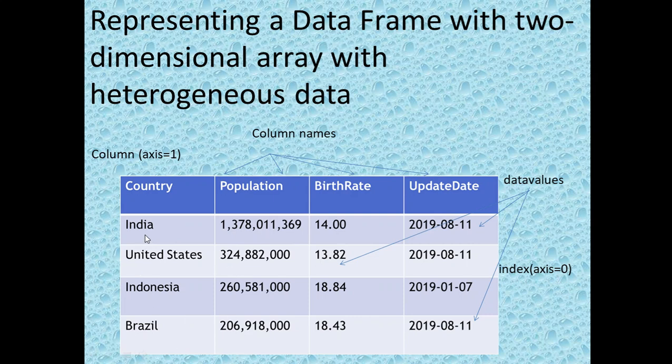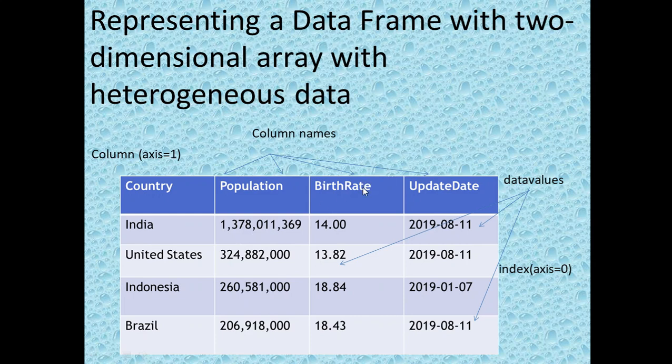So these are the rows: India, United States, Indonesia, Brazil. All values are of which type? All the values are of string type, and this particular column country will have data as string. But when you see the next column, population, its data values are another type of data, integer type.